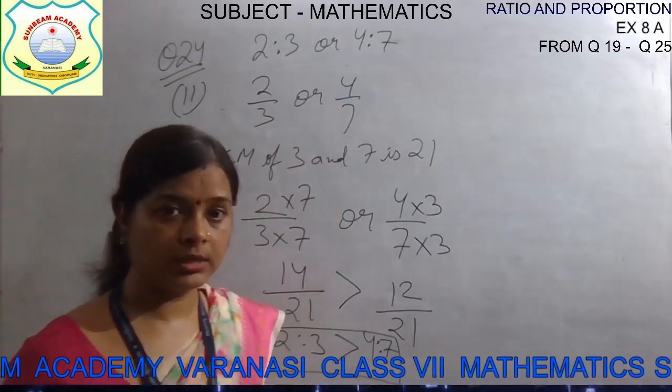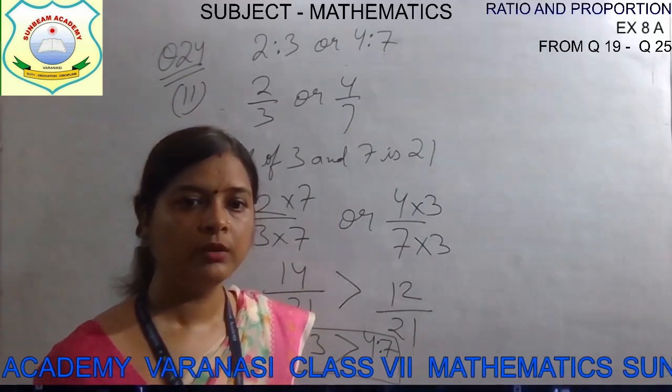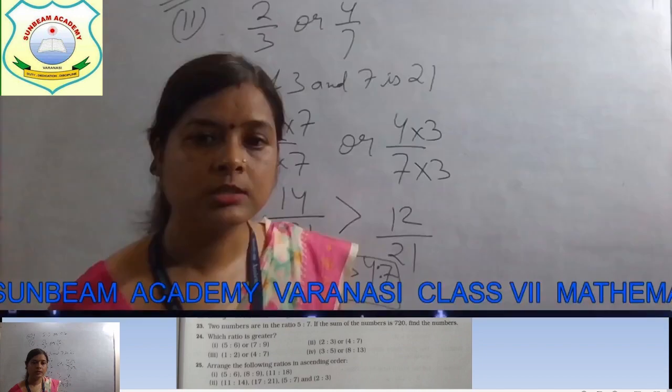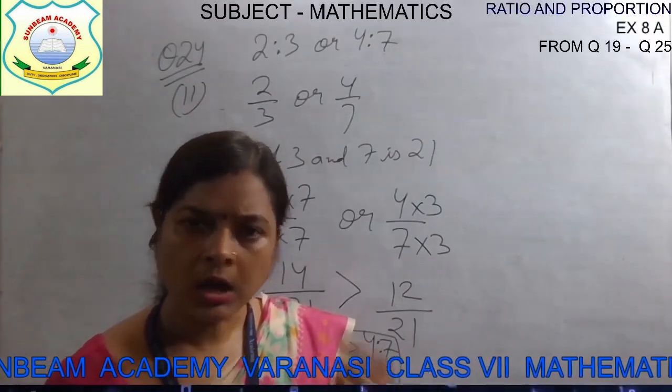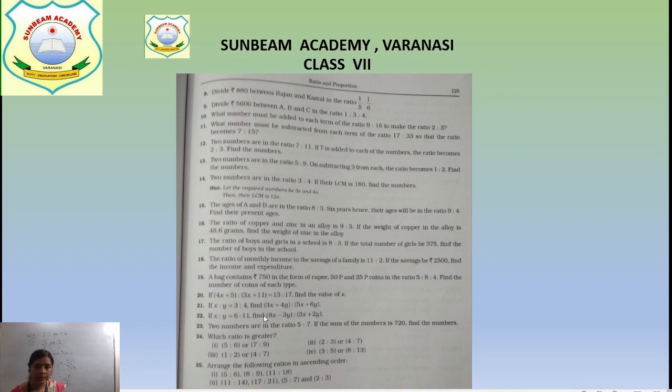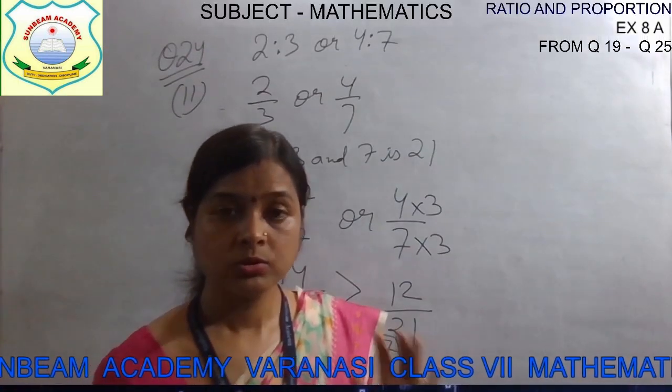In the next question, that is question number 25, you have to arrange the ratios in ascending order, from smaller to bigger. Ascending order means from smaller to bigger. How will you arrange those ratios, children? The ratios are 11:14, 17:21, 5:7 and 2:3. 4 ratios are given. So what will you do?